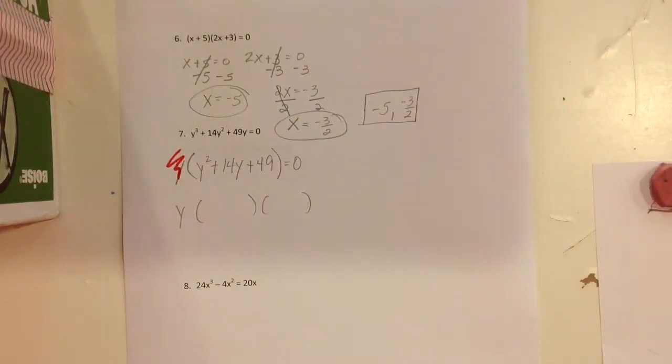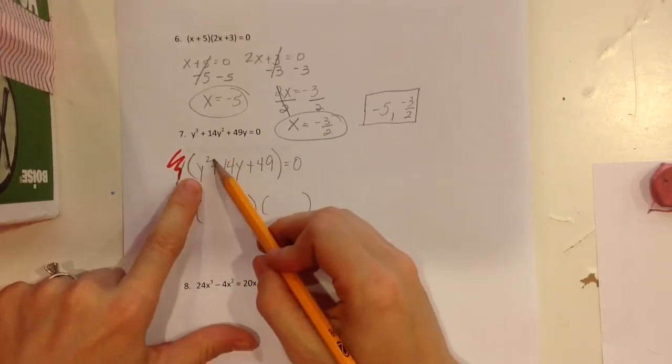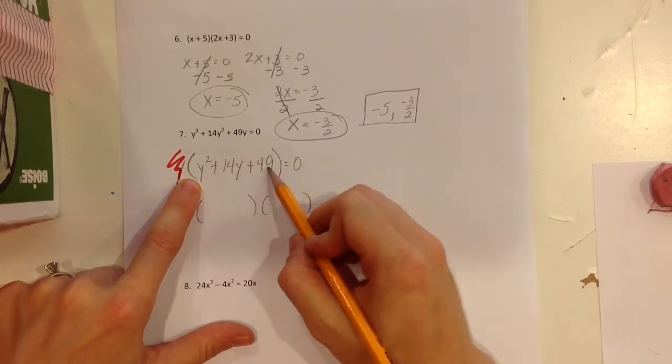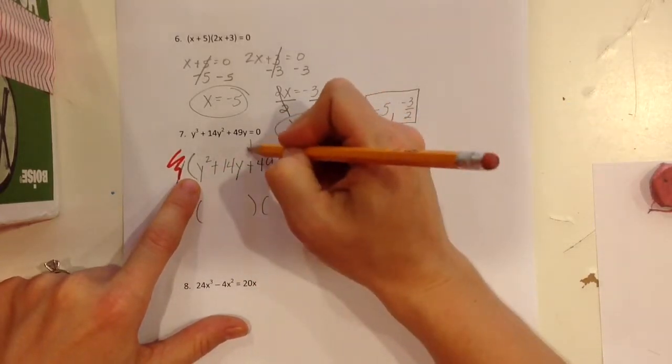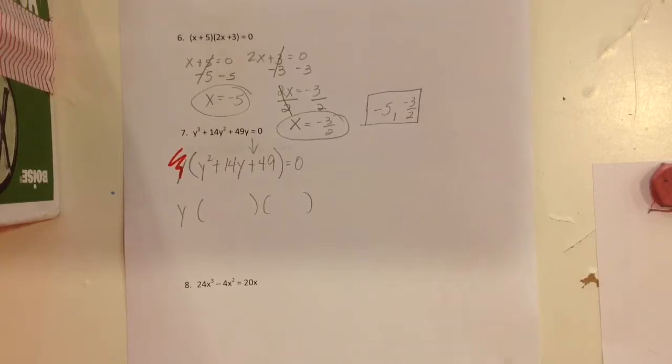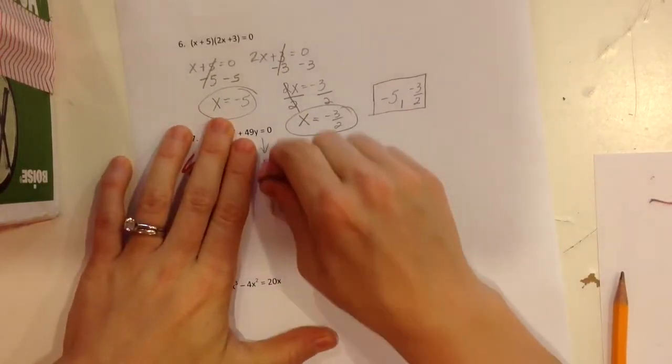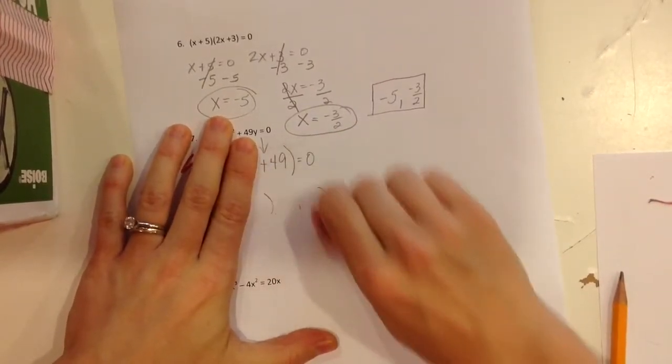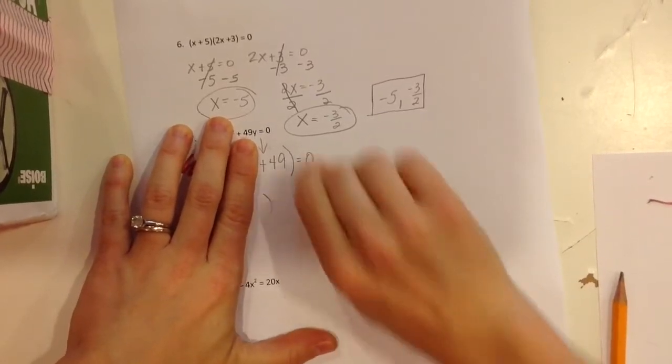I'm going to go ahead and bring this down into my answer, so I won't look at that y on the outside. With 3 terms, remember, you can do GCF, which we already did. You can do bottoms up, or you can do perfect square trinomial. Can I do a perfect square trinomial with this one? Can I take the square root of y squared? Yes. Can I take the square root of 49? Yes. Is this a plus? Yes. So let's look and see if we can do a perfect square trinomial. And I'm going to erase one of these parentheses so we can do it.